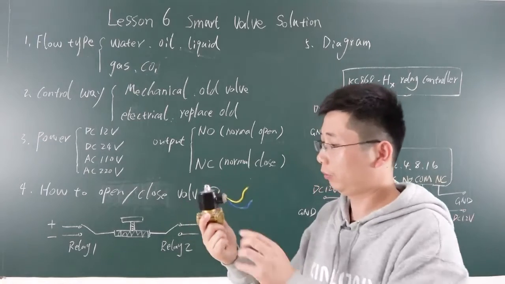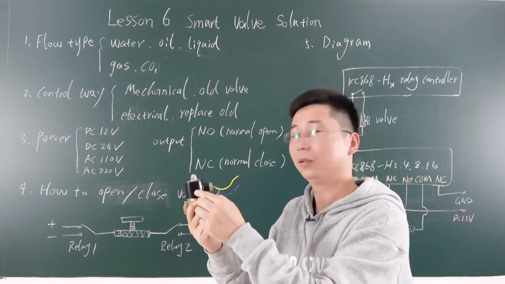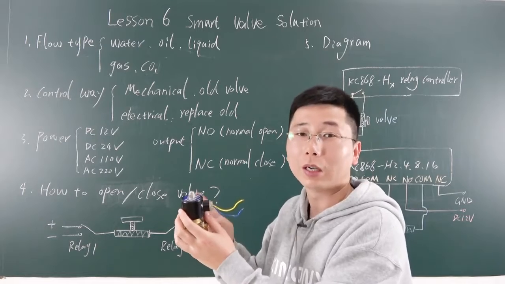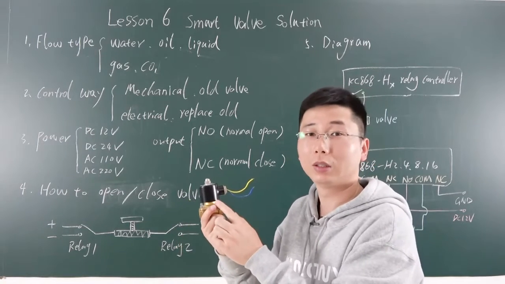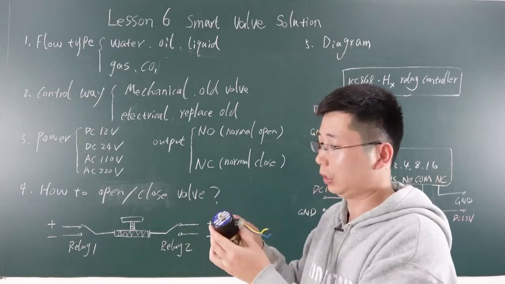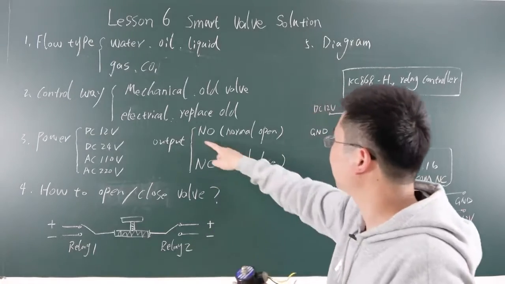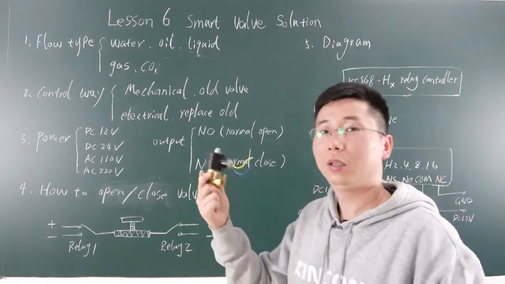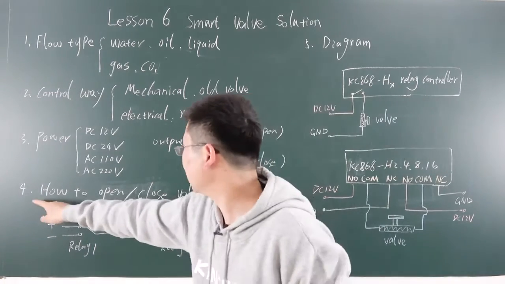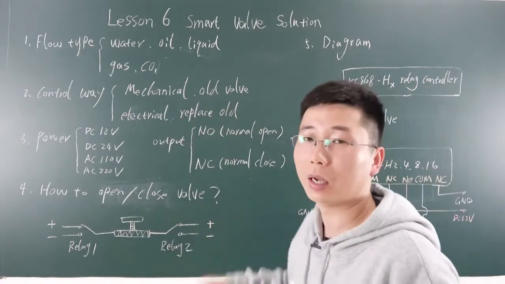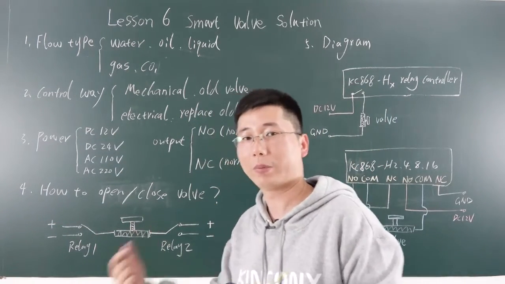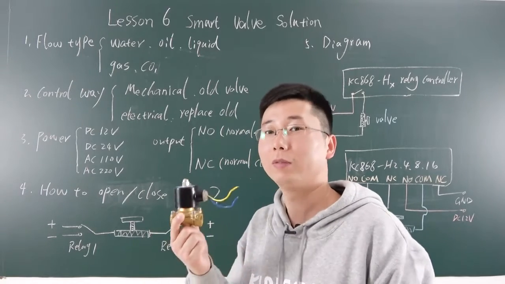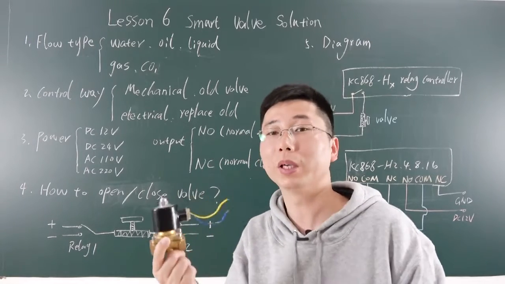Because if the valve is powered for a long time, it will become hot. So for safety, you can choose the right type of output for the valve. And for how to open and close the valve, we will have an experiment to show you what happens when the valve is given power voltage.